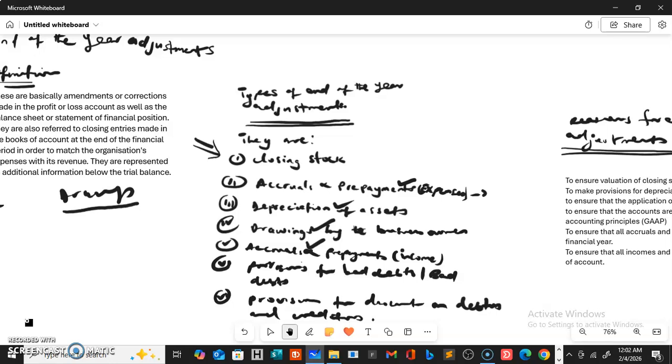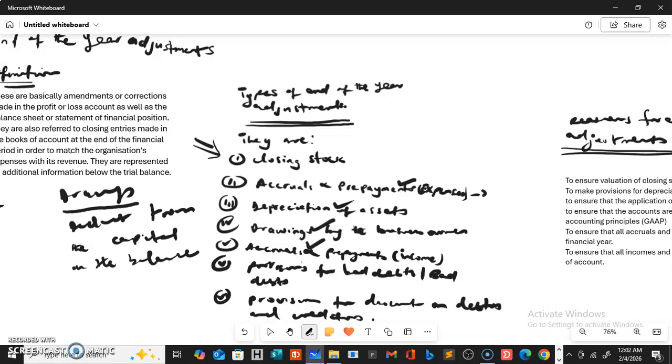What we do is to just debit, to deduct this from the capital in the balance sheet.